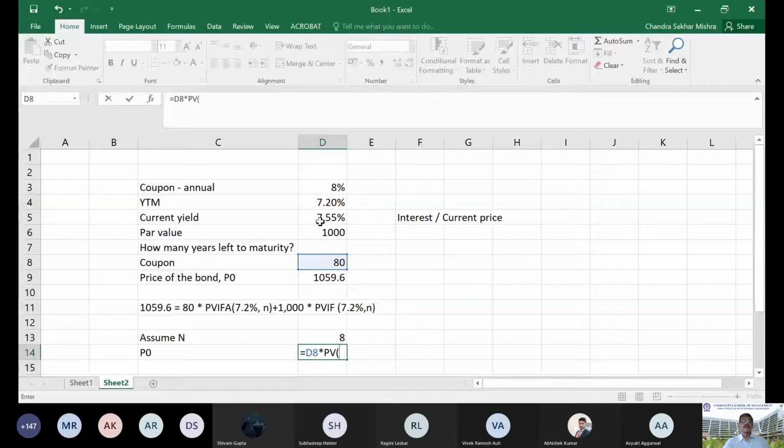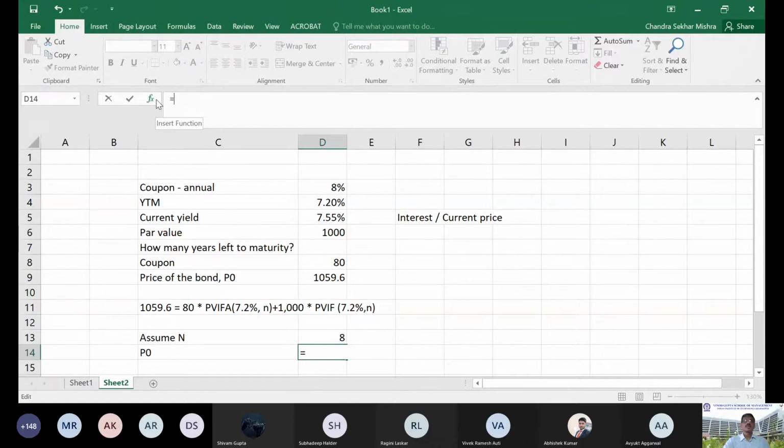Rate means the discounting factor, 7.2. And how many periods? We are assuming 8 years. And what is the amount? In this case, you could assume the amount as -1 because you have already multiplied by 80. No problem, we can do it directly. Just ignore what I've told.